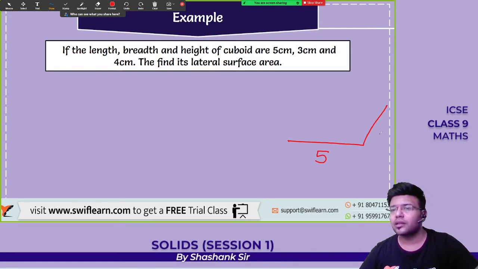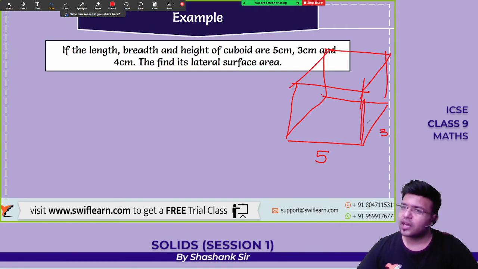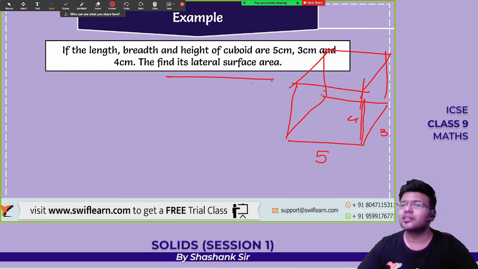This is the breadth, which is 3 centimeter, and height is 4 centimeter. Yes, I've drawn a rough diagram. So find the lateral surface area.